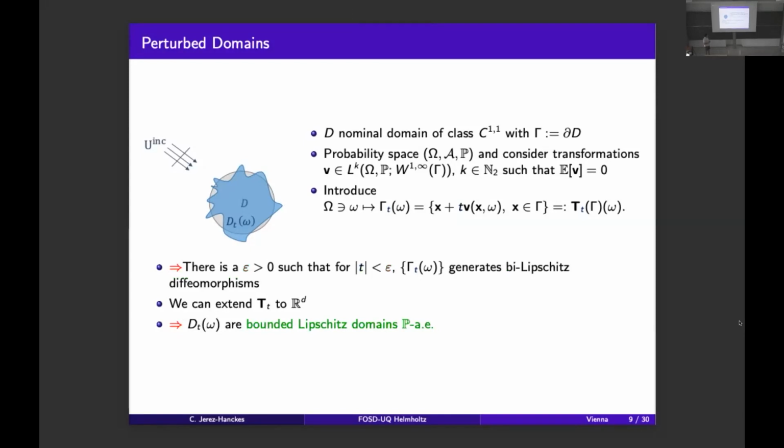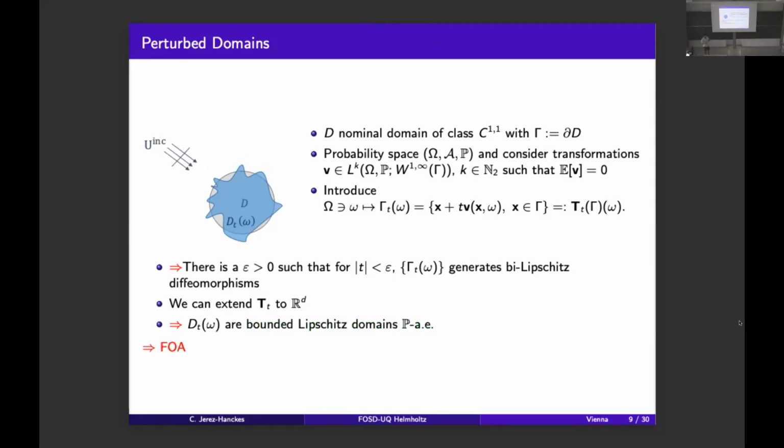Okay, and then you abuse a little bit the notation, and you extend this same transformation into the domain. The bounded objects are still bounded Lipschitz domains, now almost everywhere in the probability space.